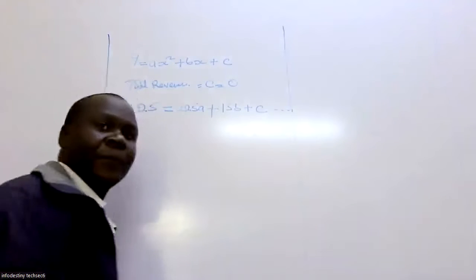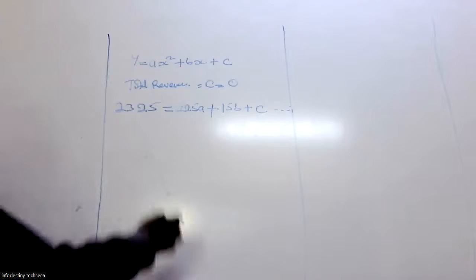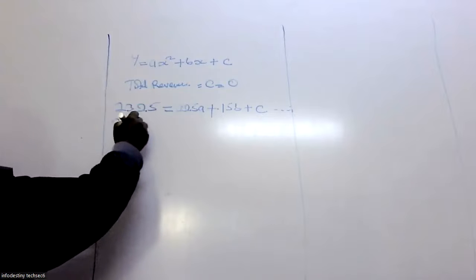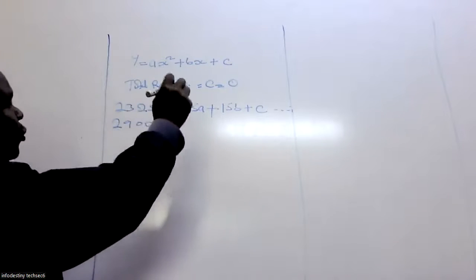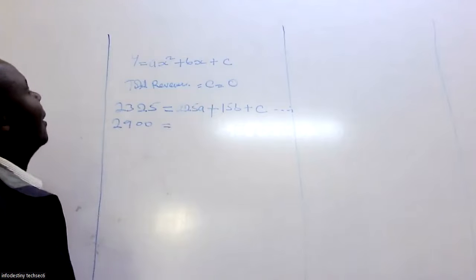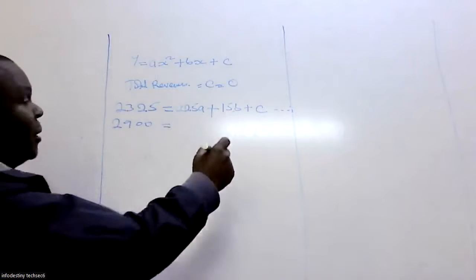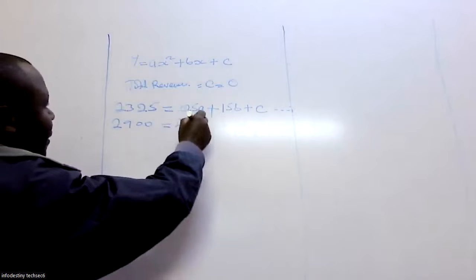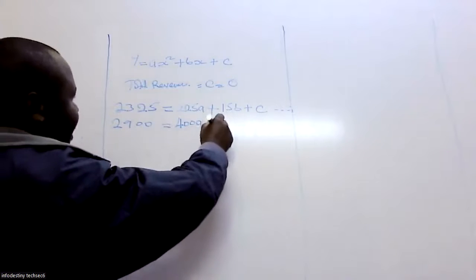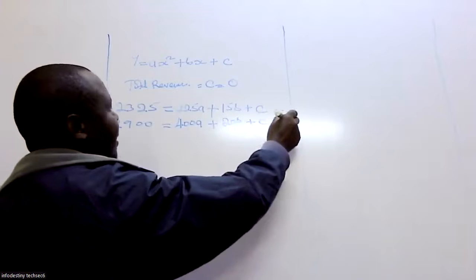Get together? We go to the second equation. What is the revenue? 2900. So what's our x? 20. We already squared, so you write here 400 A plus 20 B plus C. This is the second equation.